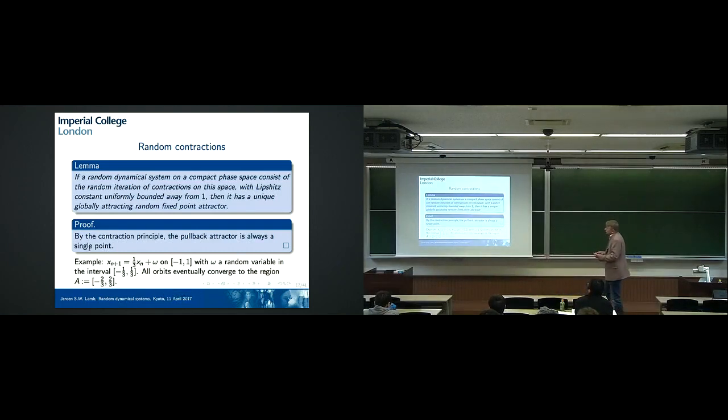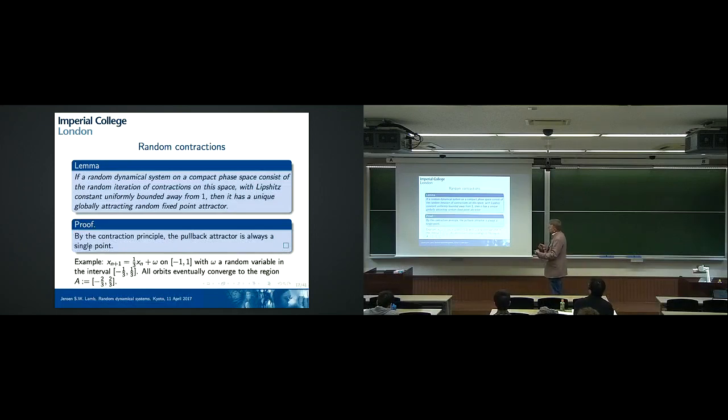So the first is that if you have a random dynamical system on a complete phase space that consists of the random iteration of contractions on the space, in such a way that they have a uniform contraction rate. It means that it's not that they're weaker and weaker until no contraction. We have a certain bound away from 1 as a Lipschitz constant.